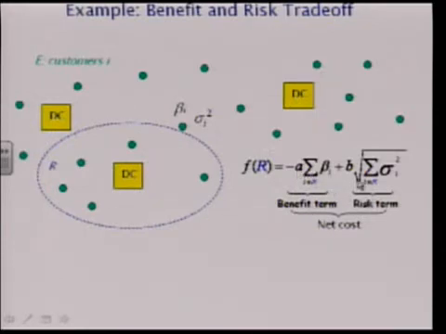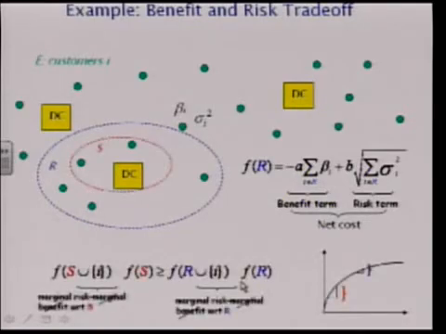So these two terms are conflicting with each other. A and B are some constants converting between the risk and the benefit. So one part is positive, the other part is negative, and you can think about this as a function defined in such a way. And what can we say if you have a smaller set within this R?